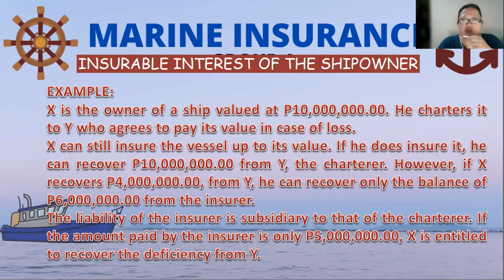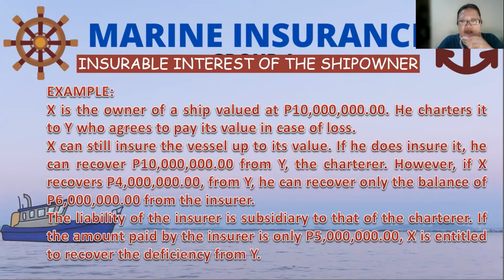He charters it to Y, who agrees to pay its value in case of loss. So X can still insure the vessel at its value, which is 10 million pesos. If he does insure it, he can recover 10 million pesos from Y, the charterer. However, if X recovers 4 million from Y, he can still recover the balance of 6 million from the insurer.